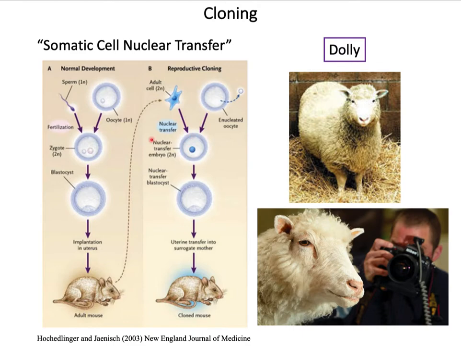But this nucleus that's taken from an adult mammalian cell, a diploid organism, will have the complete set of chromosomes, and you insert this into an egg, and the egg can continue on its differentiation. And again, this was pioneered in frogs, but the first mammal that was cloned was this sheep, Dolly.